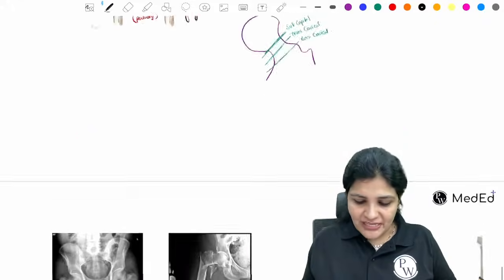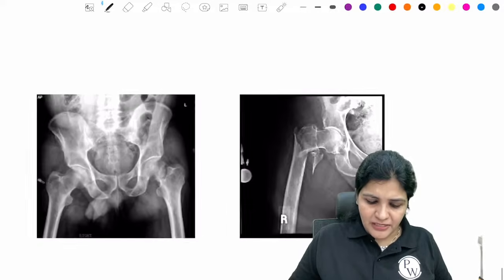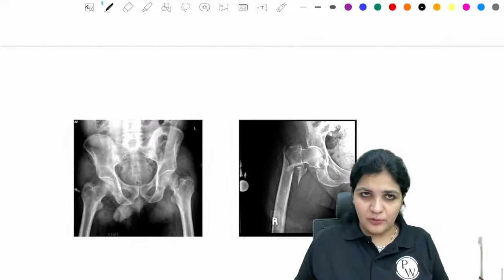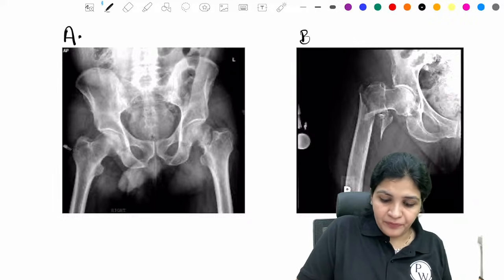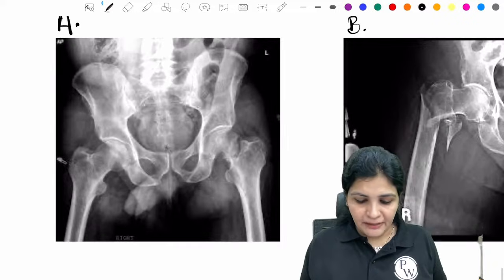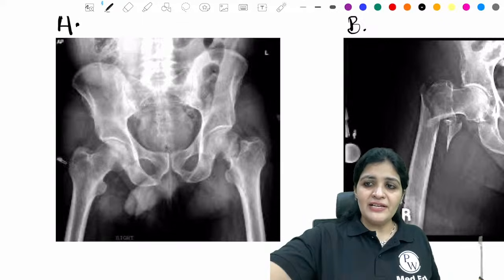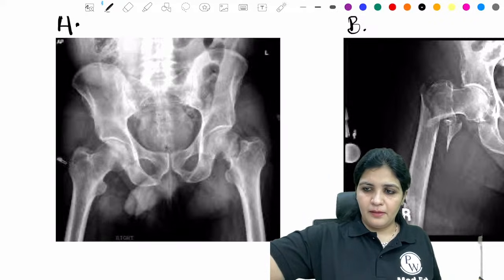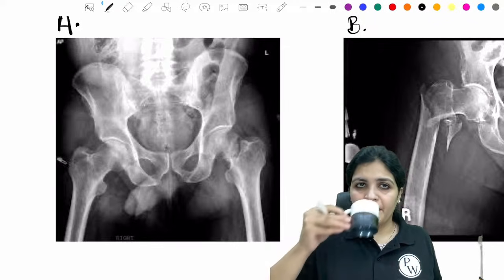Once you have classified the IC fractures, this classification is mainly based upon your X-ray only. So now tell me, this is A and this is B. What is A? Is it an IC or an IT fracture? Faster.